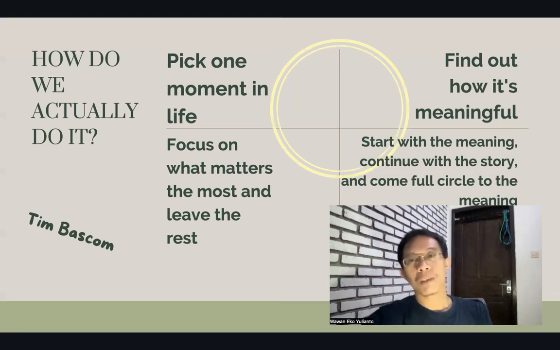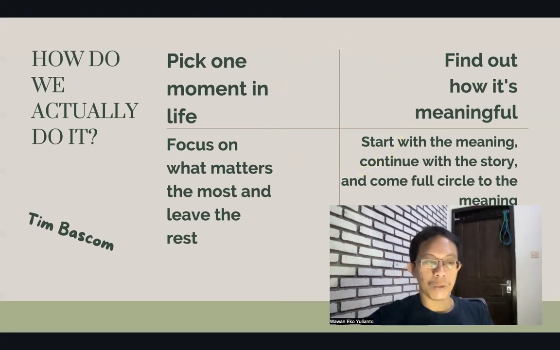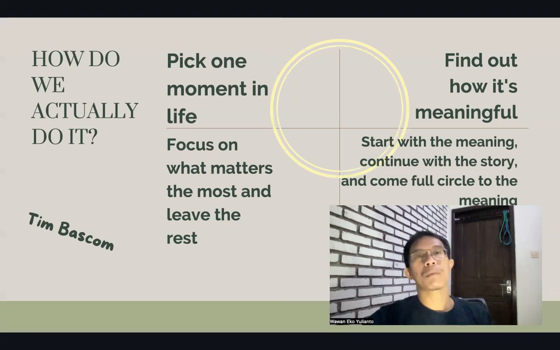And finally, this is how you will eventually write it. Start with that thing about meaning. Start with why this incident is meaningful. And then you tell the story about this incident. And at the end, come full circle again to the beginning. You talk about the meaning again, why this was meaningful.